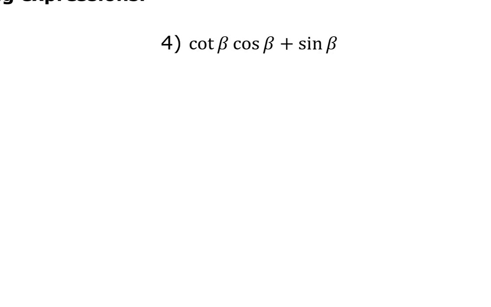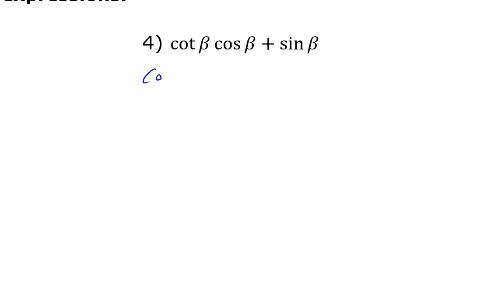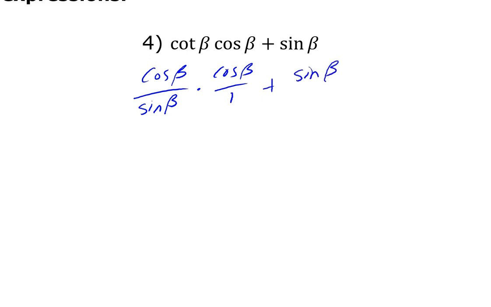Okay, let's take a look at number 4. Alright, let's try our initial strategy of writing everything in terms of sine and cosine. Cotangent is cosine over sine, so that would make this cosine beta over sine beta times cosine beta over 1, I'll just say, plus sine beta over 1.